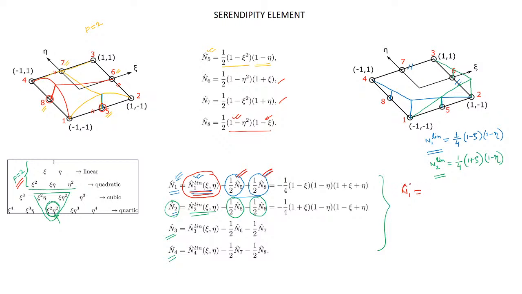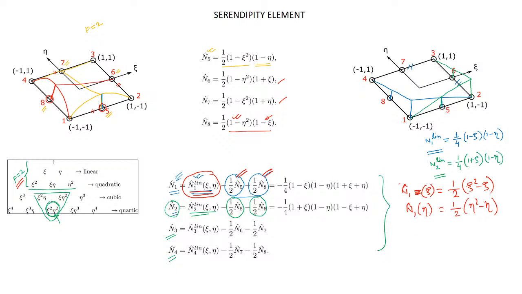So n1 of xi for p equal to 2 turns out to be half xi square minus xi. If you go back a few slides, you will see that I have derived that also. And similarly, n1 hat in eta will also be half eta square minus eta.